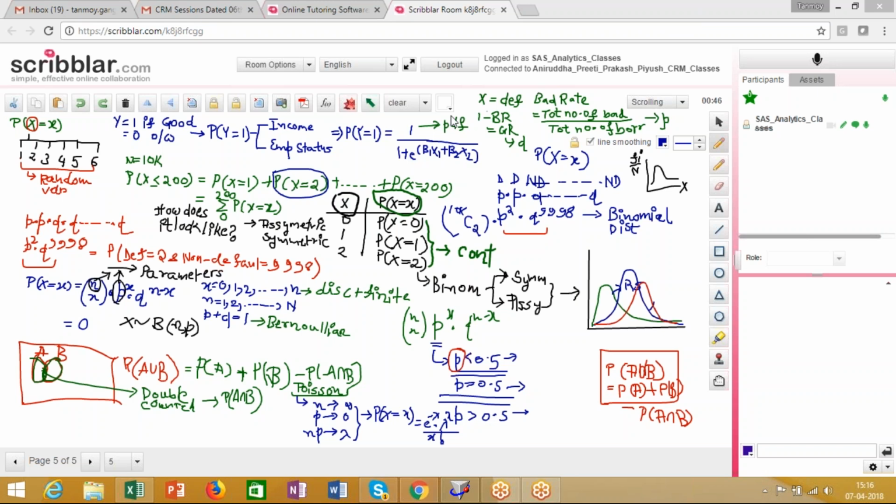What I'm saying is that the binomial distribution tends to Poisson, right? If n tends to infinity, p tends to 0, the probability distribution tends to the Poisson distribution. Now the question is, how does this happen? The number is large, okay, but what type of number is large? The probability is not 0, but it tends to 0.